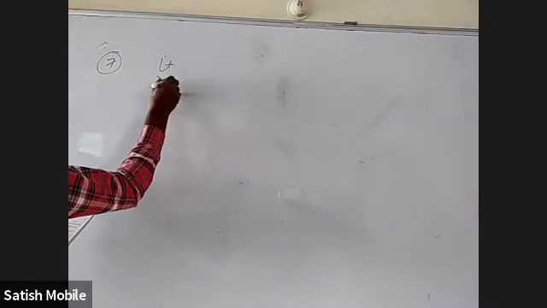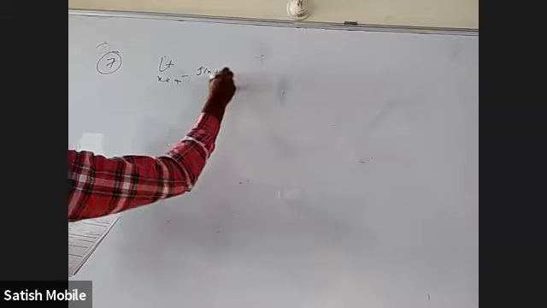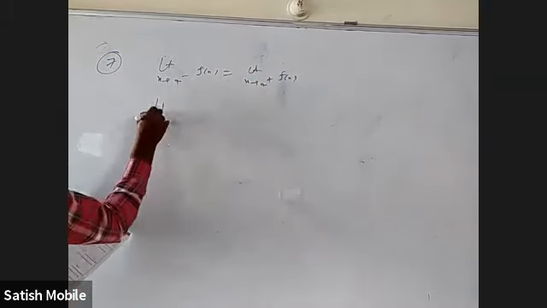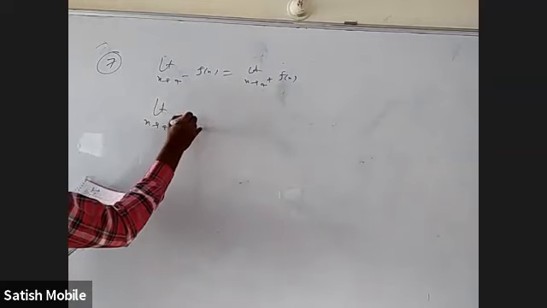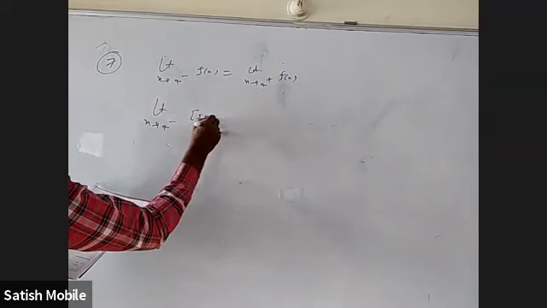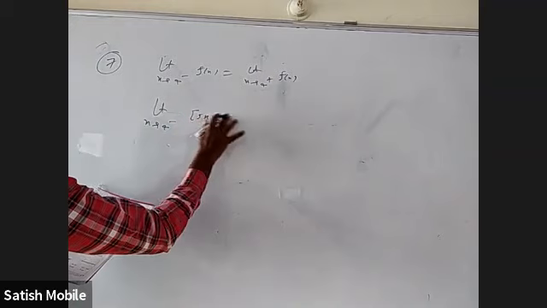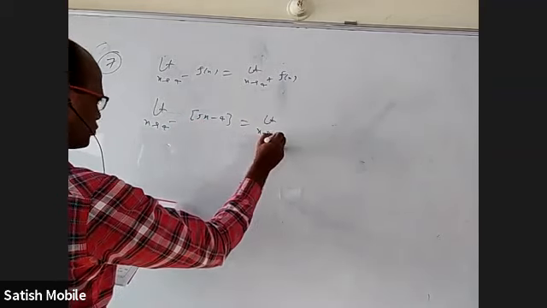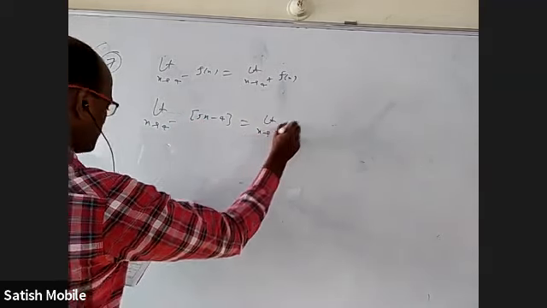Limit as x tends to 4 minus of f(x) should be the same as limit as x tends to 4 plus of f(x). That is, limit as x tends to 4 minus, the function is 5x minus 4. Limit as x tends to 4 plus, integer part of x plus b by 2. They also mentioned b is a natural number.